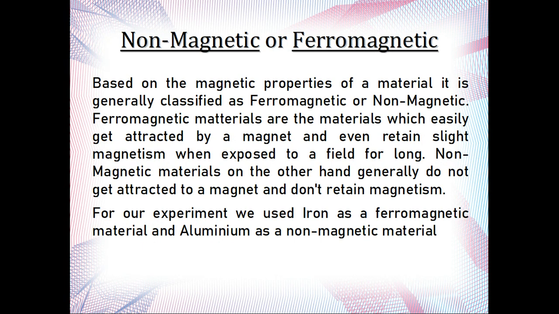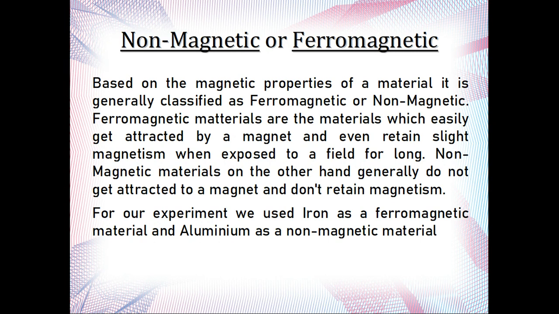The magnetic properties of a material generally help in classifying it into ferromagnetic or non-magnetic materials. Ferromagnetic materials are the materials which are easily attracted by a magnet and even retain slight magnetism when exposed to a field for long enough. Examples include pure and alloys of iron, cobalt, and nickel.